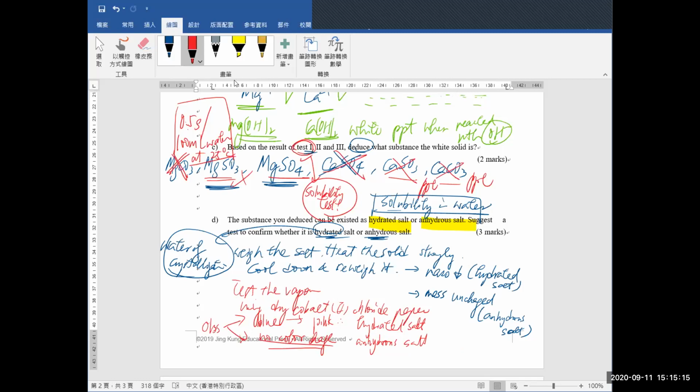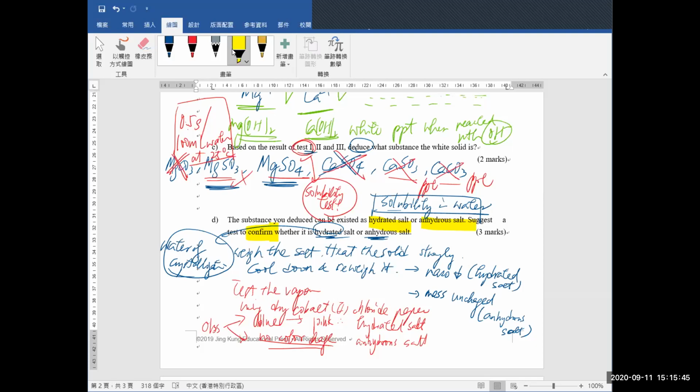Which one is possible? Now it comes to our concern in this question, the term "confirmed whether". Can you see the word confirmed? Because of this term, the answer will be highly specific to tell whether the salt contains water of crystallization or not.